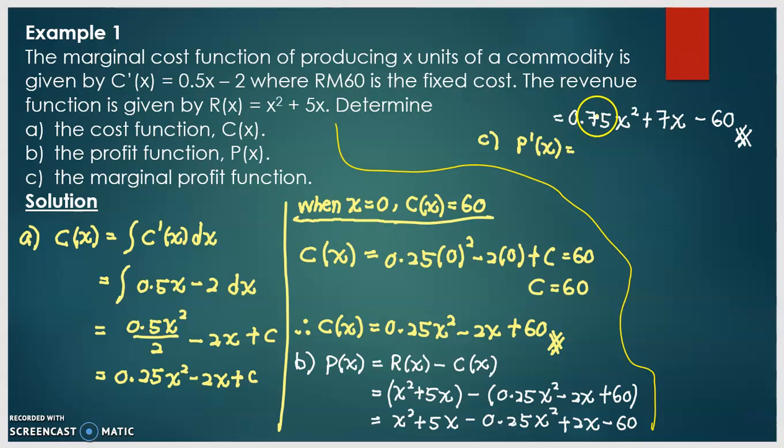So 0.75 times 2 will be 1.5x, plus the derivative of 7x, which is 7, minus the derivative of the constant, which is 0. So the answer for the marginal profit function will be 1.5x plus 7. So for the marginal profit function, we have to differentiate.